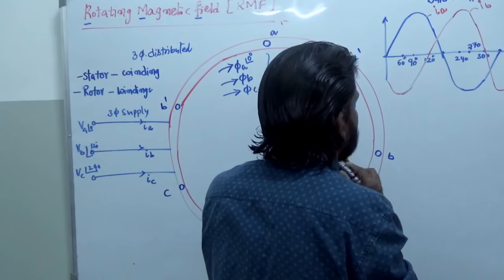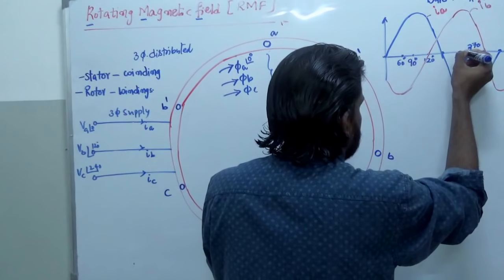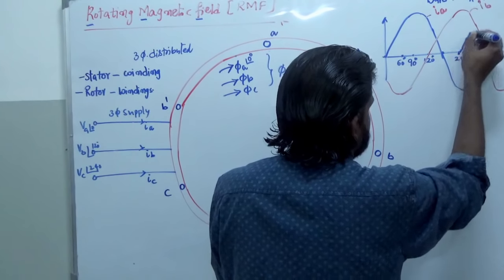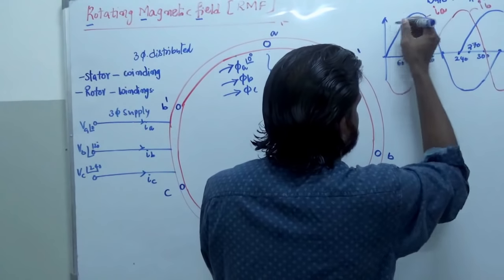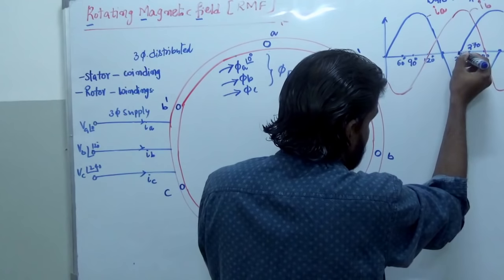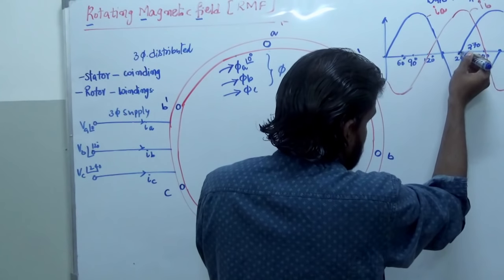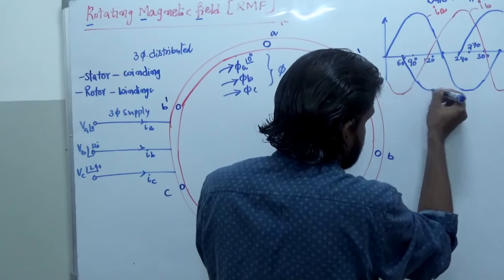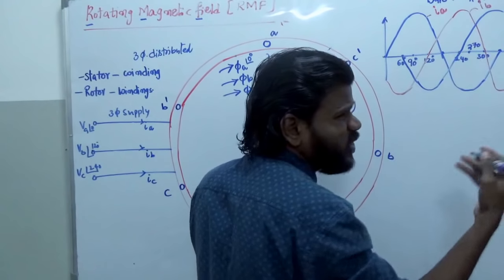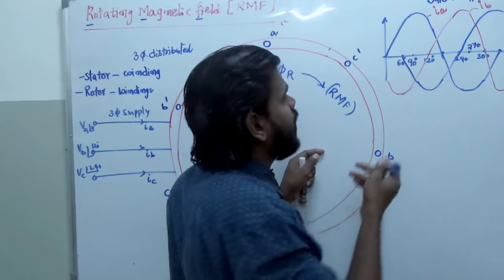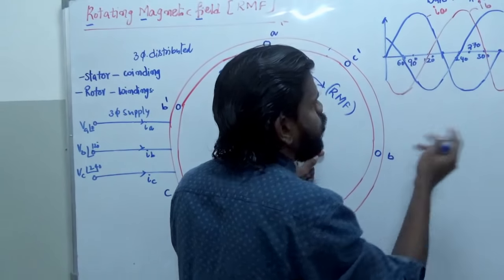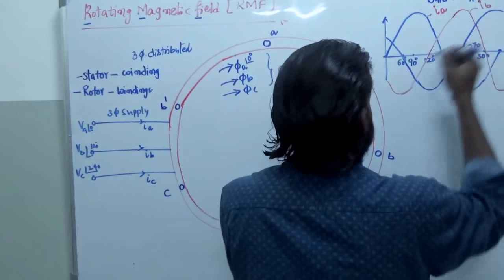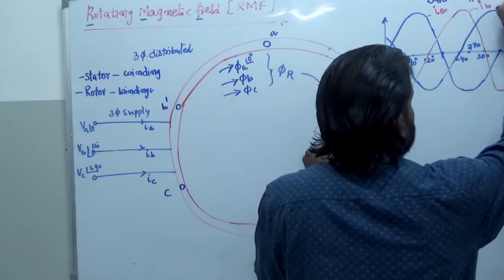IC starts at an angle 240, so I'll start from here, it rises from there, and then let me take the negative direction of it. 270 minus 30 is 240, so these two I'll be joining. This is how I make it easier, my own understanding of drawing it. Even my professor told me in a different way, which was quicker than this one. Anyway, now this is my IC.